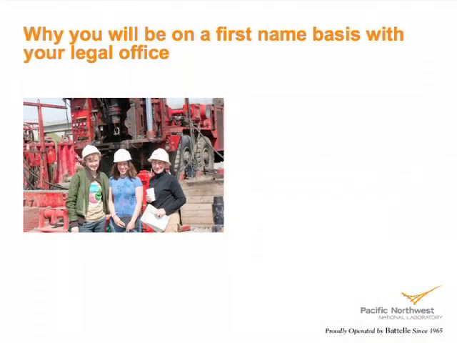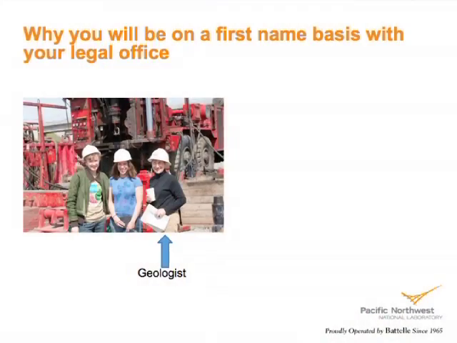So why will you be on a first name basis with your legal office? You've got a team, and you might have a geologist working on the team. Charlotte has her peeps here, very bright students working with her. And behind here, you can see a drill rig that we have.